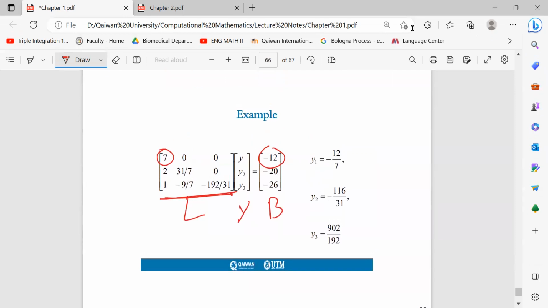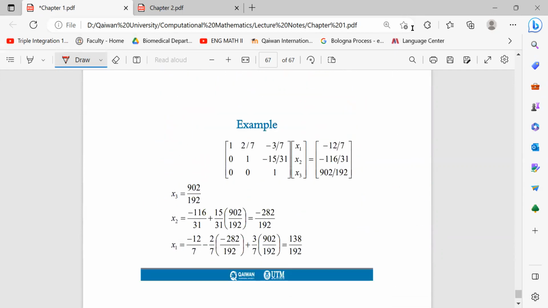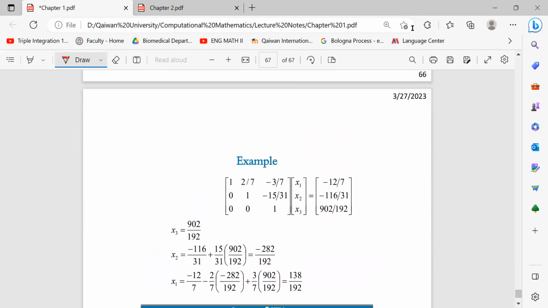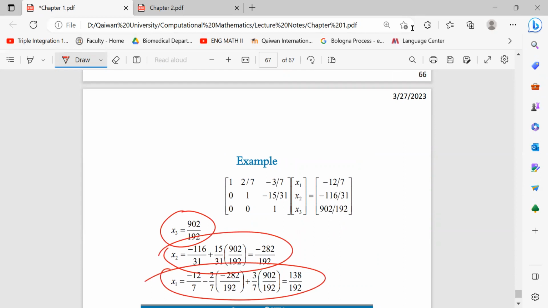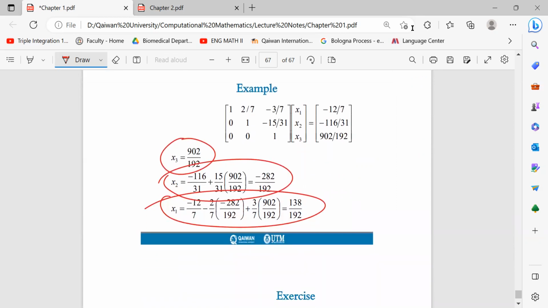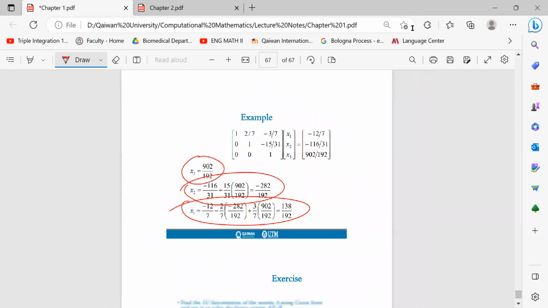After finding Y1, Y2, Y3, we say U times X equals Y. We get the values of X3, X2, and X1 by the formula above that I showed you. So this is the solution of the system.